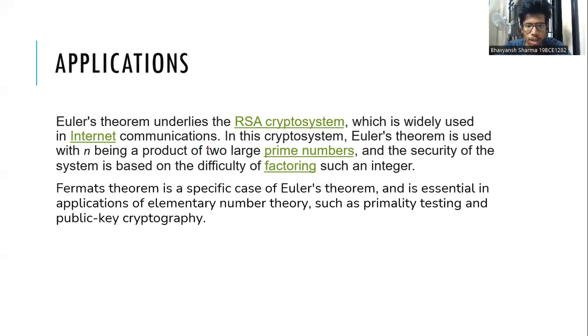As for Fermat's theorem, since I told you that it is a specific case of Euler's theorem, basically a subset of Euler's, it is used in validating and testing prime numbers and public keys in cryptography. So these are the applications of these two theorems.